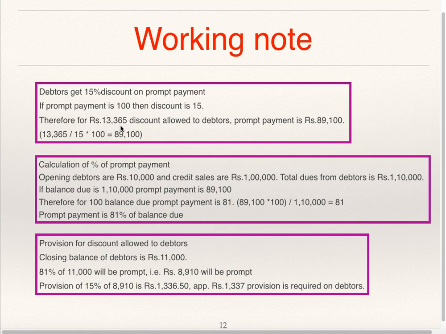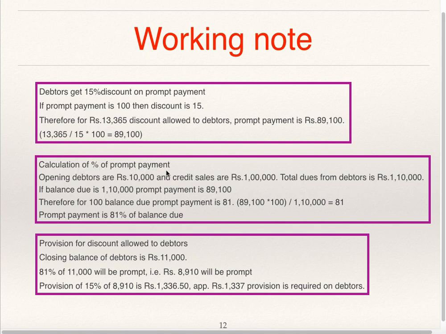If 100 is prompt payment, discount is 15. For 13,365 discount, what is the prompt payment? It is 13,365 divided by 15 into 100, that is 89,100.